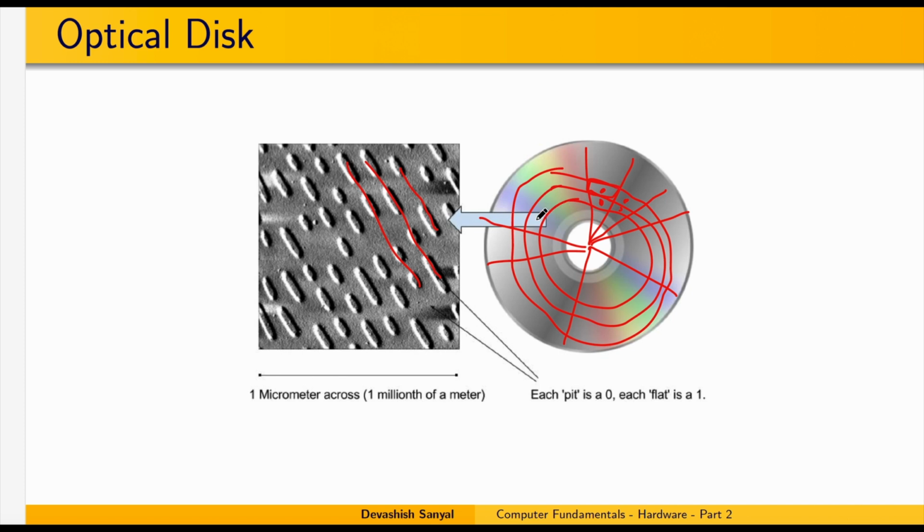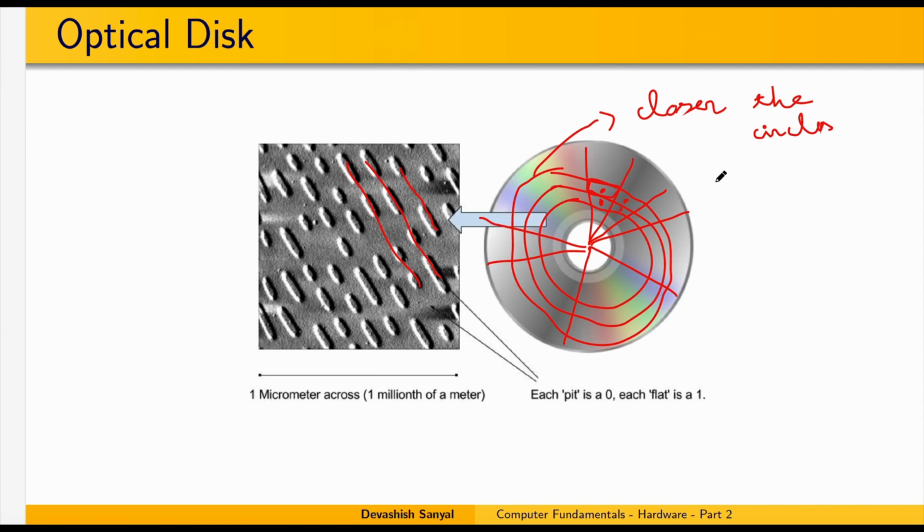The closer the circles are, the more information is stored in the disk.